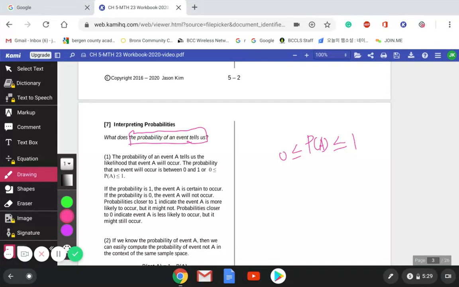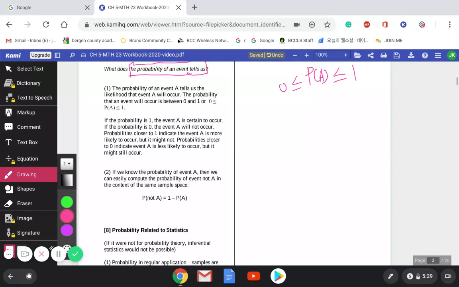So when your probability value comes out as something like 5.7, that's definitely wrong because it cannot exceed 1. Or if you get a negative value in probability, that means something went wrong, because the minimum you can have is 0. Okay, so that's what probability is.